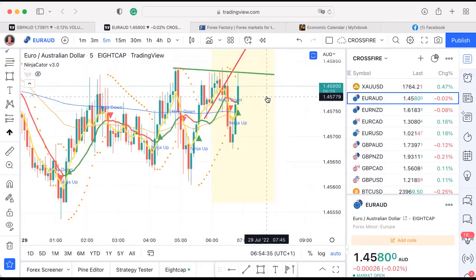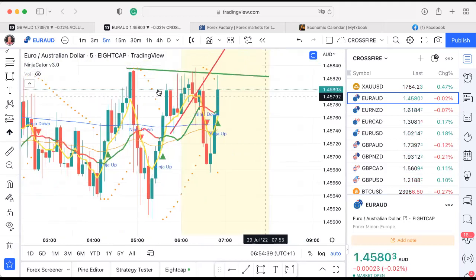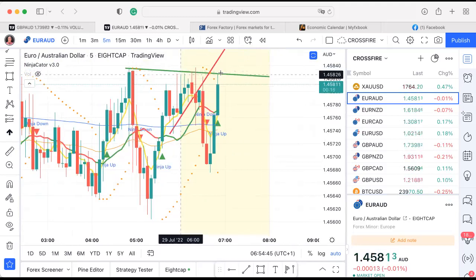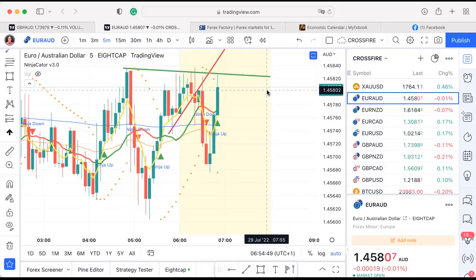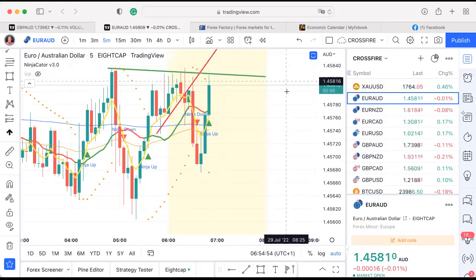It may only be temporary resistance, but you can see there it got up there and then it reversed. It got up there, it reversed. It got up there, it reversed. So it is providing some resistance, and that line there will also cause a little bit of resistance.